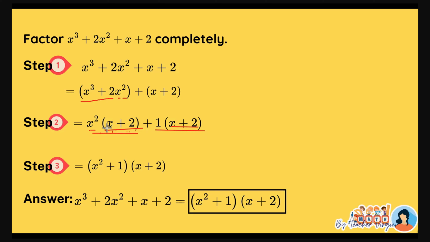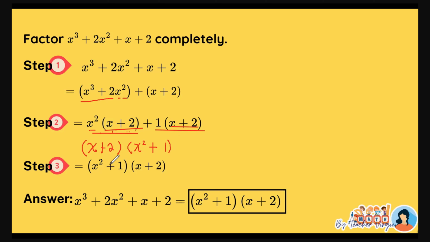Now they have a common binomial factor, which is x plus 2, so we have to take that out. We write the common binomial first, then divide each term by x plus 2. When you divide the first term, you get x squared only. Next, since the middle operation is addition, you divide x plus 2 by x plus 2, and the remaining is 1.